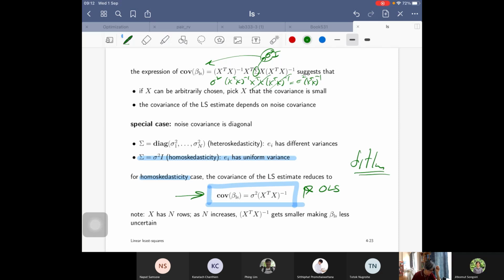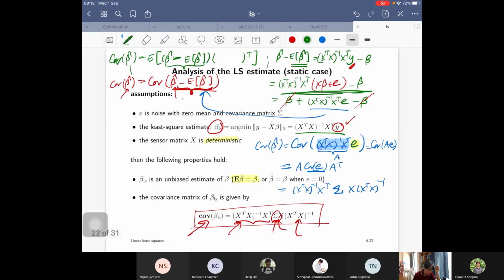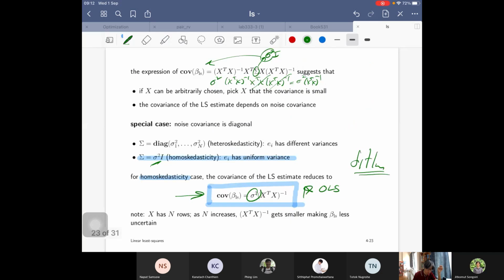You may have the question, what is sigma square? Because sigma square is the noise variance. Of course, we don't know it. Noise is something we don't know. We just have some assumptions, like zero mean. In practice, of course, you estimate sigma square.